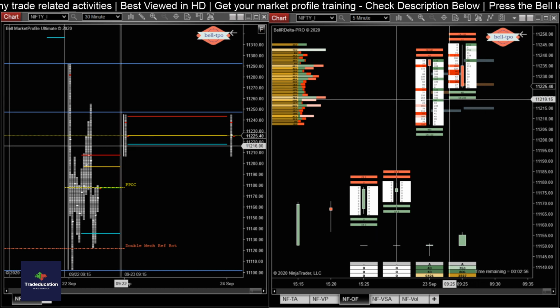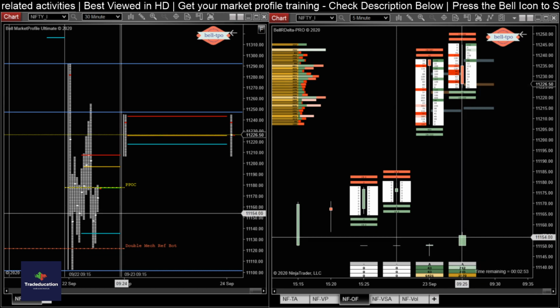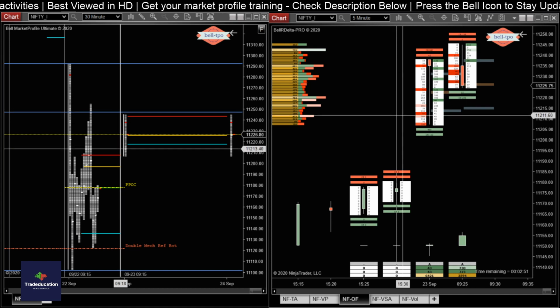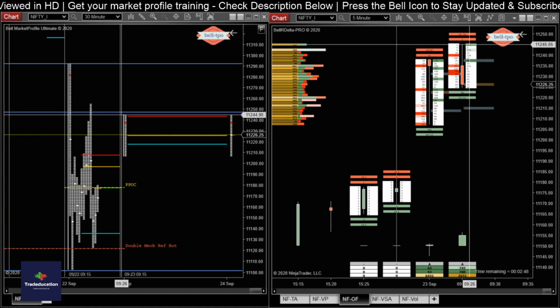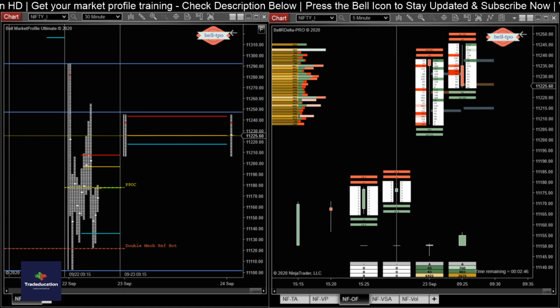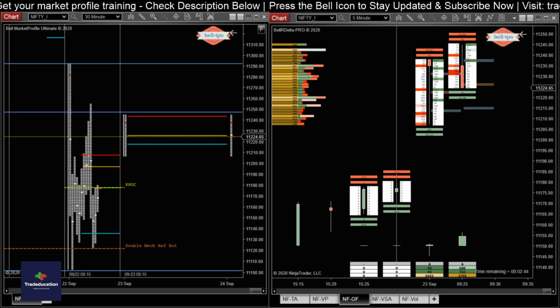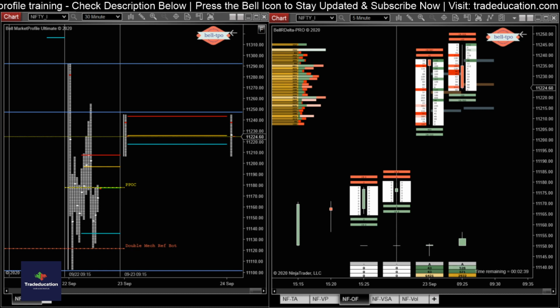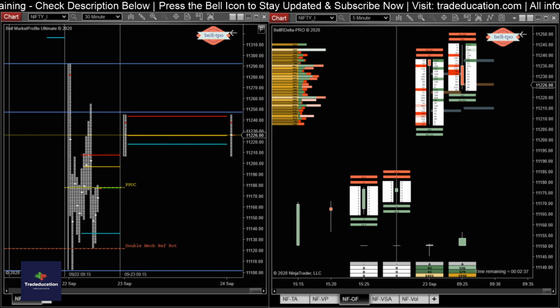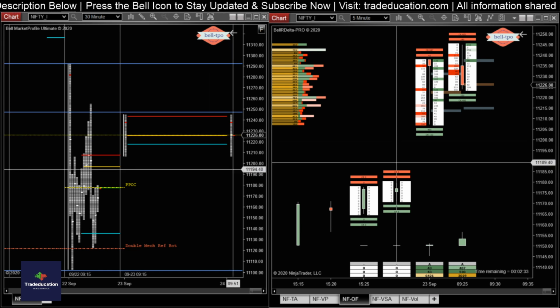So if you see, a sort of divergence is seen. Overall delta is positive, whereas the candle is bearish. So I'm expecting the high to get tagged. Right now it's just hovering around VWAP.